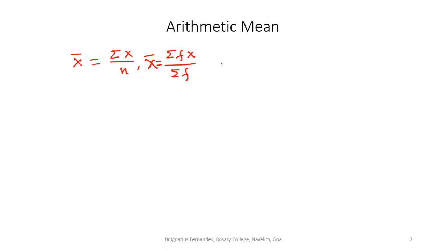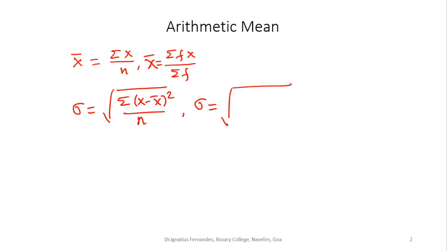And in case I want to find out standard deviation, then the standard deviation is the square root of summation (x minus x bar) square upon n for an ungrouped data, and for a grouped data we find it as the square root of summation f into (x minus x bar) square upon summation f.